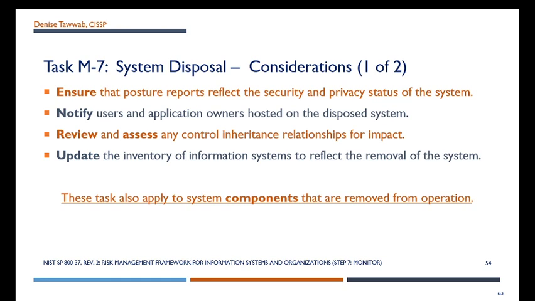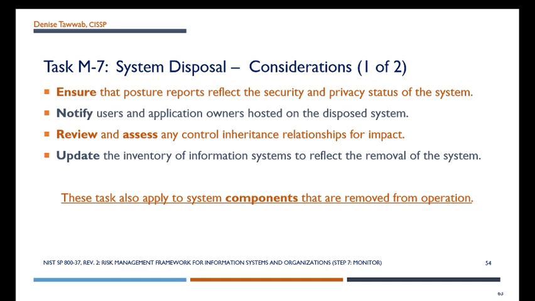You want to ensure that posture reports reflect the security and privacy status of the system. You want to notify users and application owners hosted on the disposed of system. You want to review and assess any control inheritance relationships for impact. And you want to update the inventory of information systems to reflect the removal of the system.